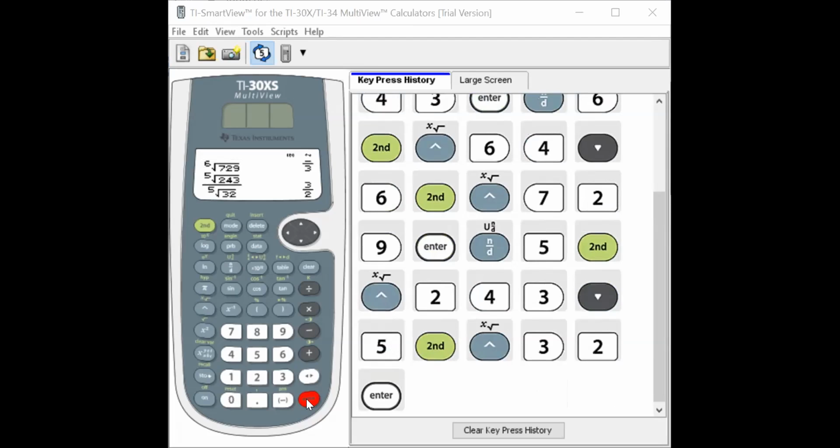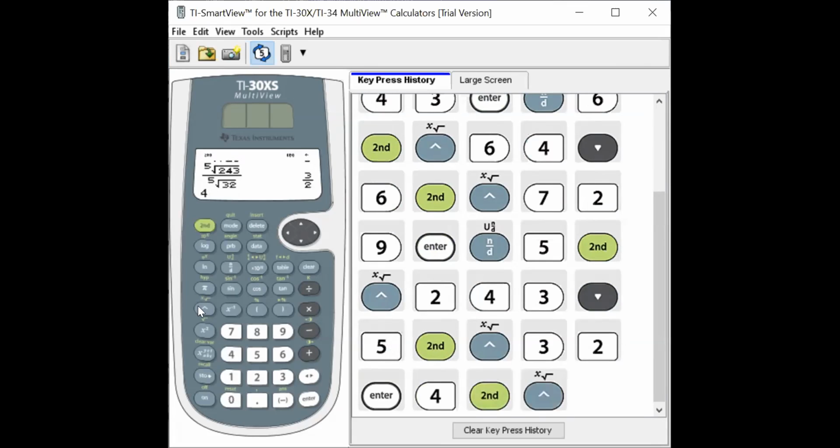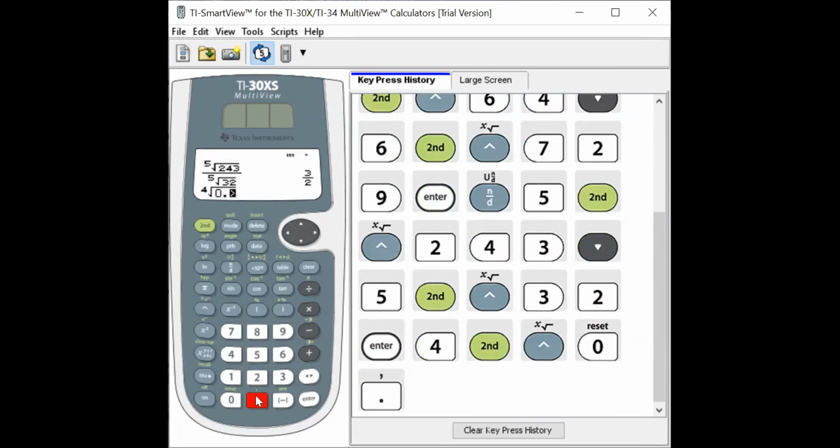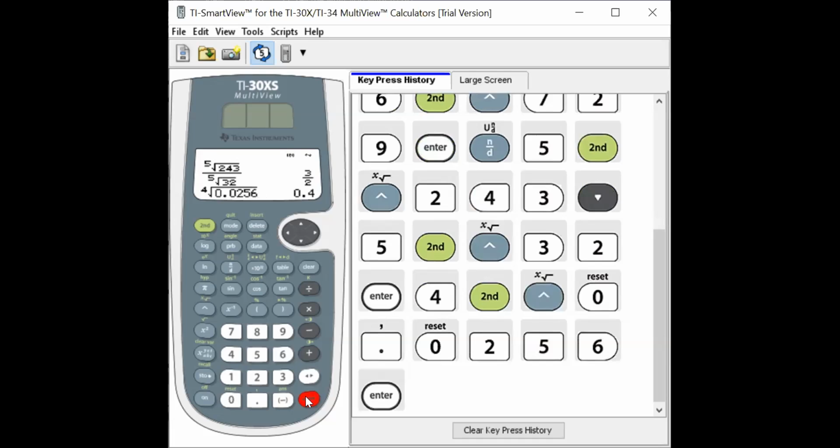Okay. Then it says find the real root. We're going to do the same thing, especially since we have this wonderful calculator that's going to do all this for us. We're going to put the 4th root in. We're going to put 0, really we don't have to put the 0, but just for the ones that have to go step by step. And then 6, and then enter 0.4.